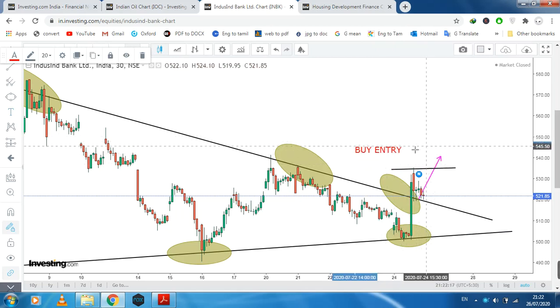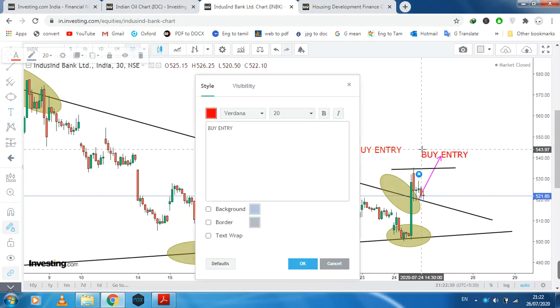What is the buy entry level? Nearly 534, 535, 535. Right, okay.